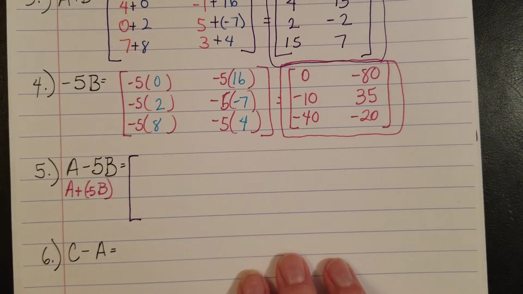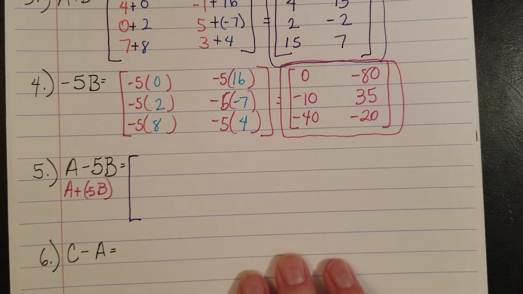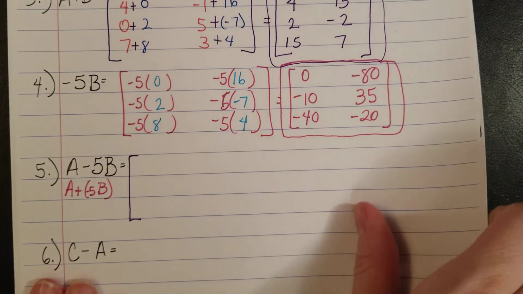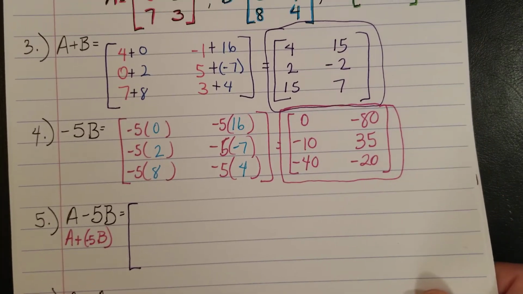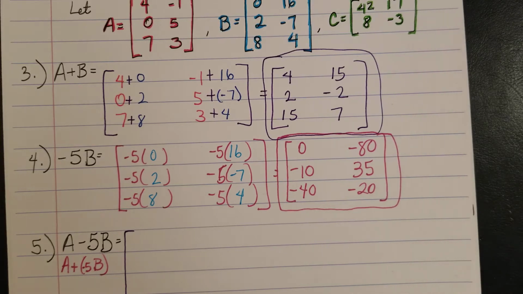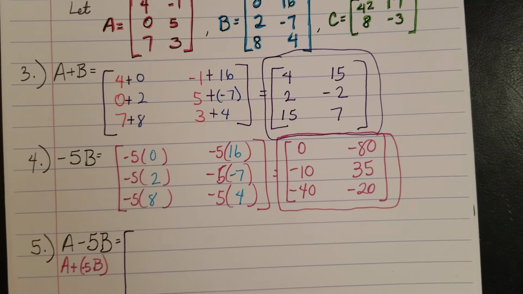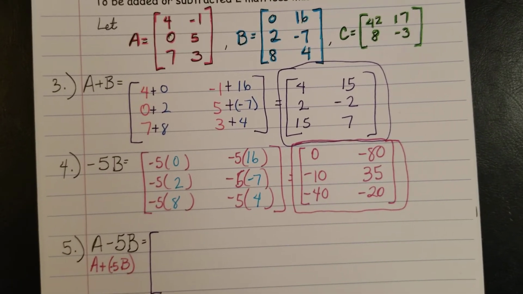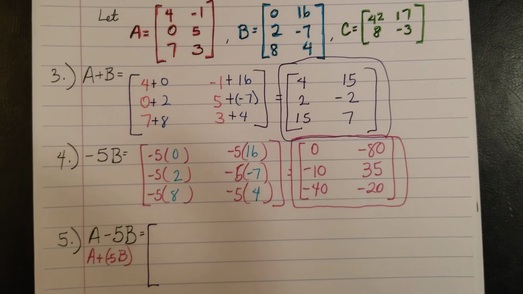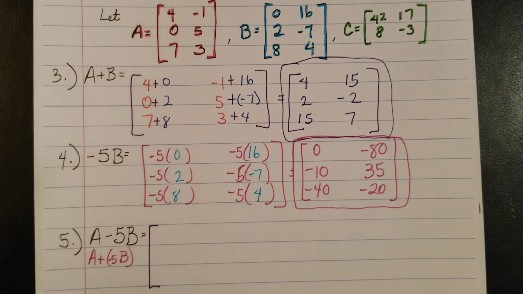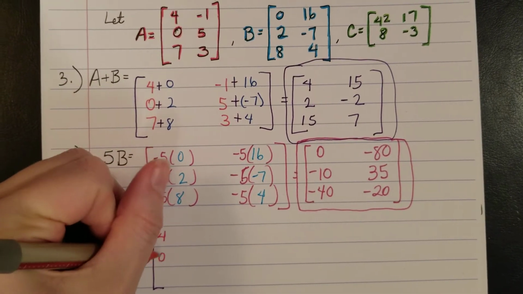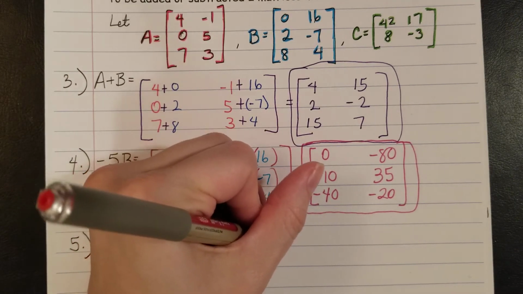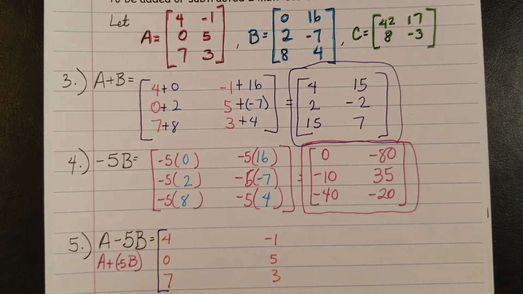So if I'm going to do A minus 5B, I'll start by writing down all my entries from A. Let's see if I can zoom out just a little bit. Okay, so 4, 0, 7, and give myself plenty of space, negative 1, 5, 3.